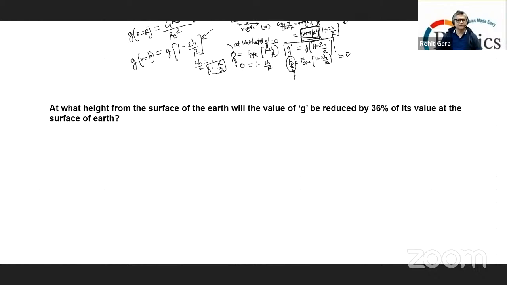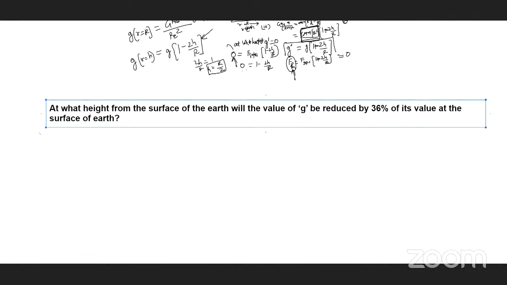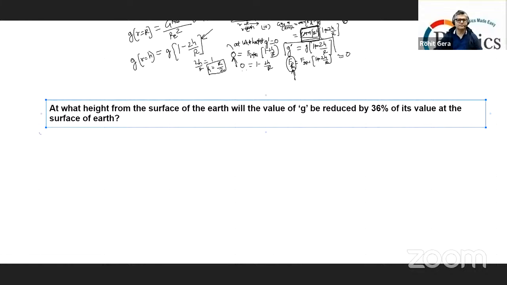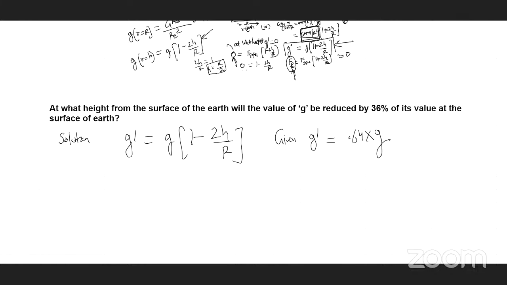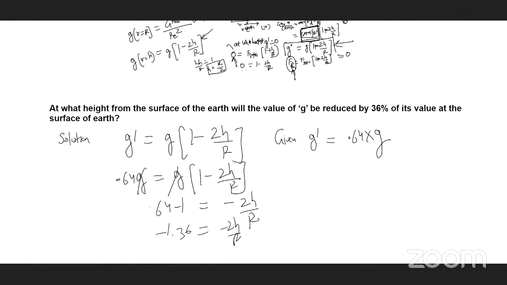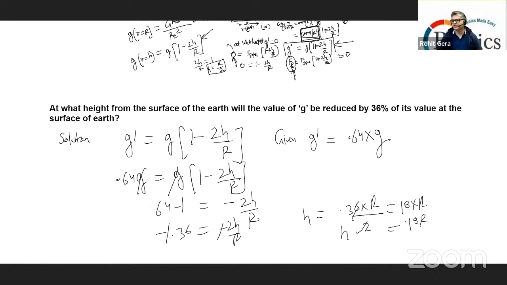So the new value is going to be 64% of g. ये वाला. At this site, 0.8 times the radius of the Earth. ठीक है.